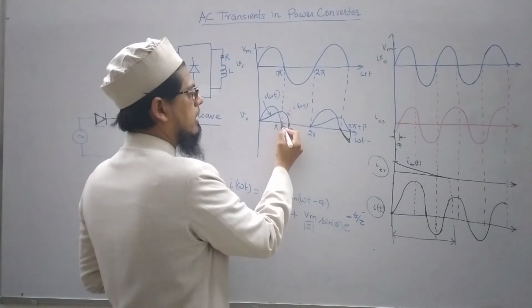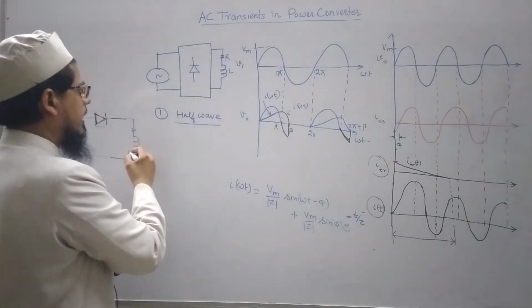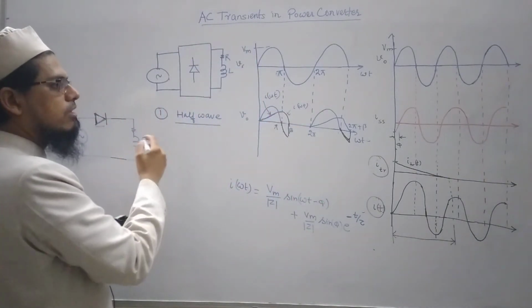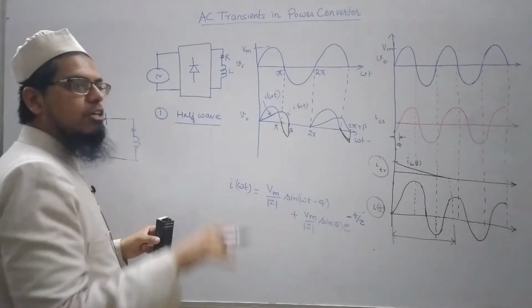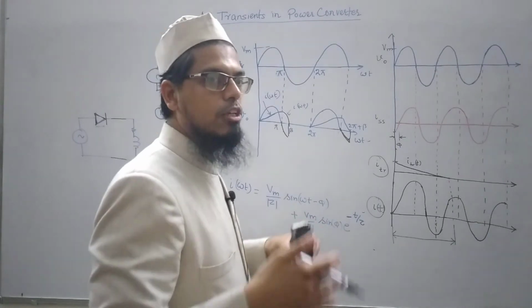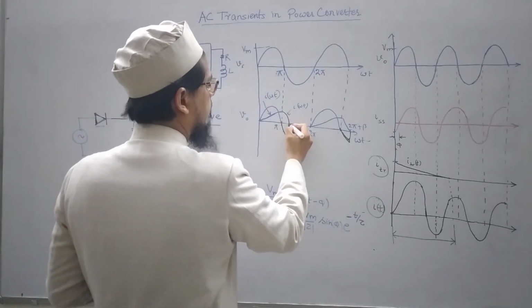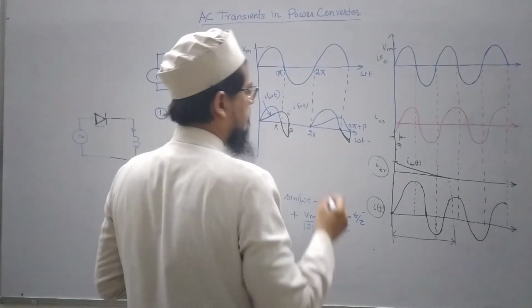We could see that at pi a finite current is flowing through the inductor, and the inductor cannot allow the current to suddenly drop to 0. It will eventually cause the current to reduce, and finally it reaches 0 at the point beta.